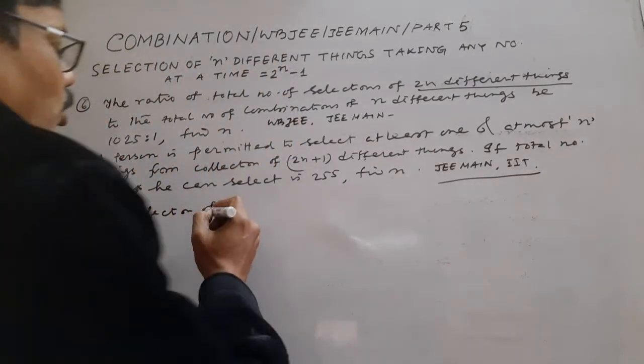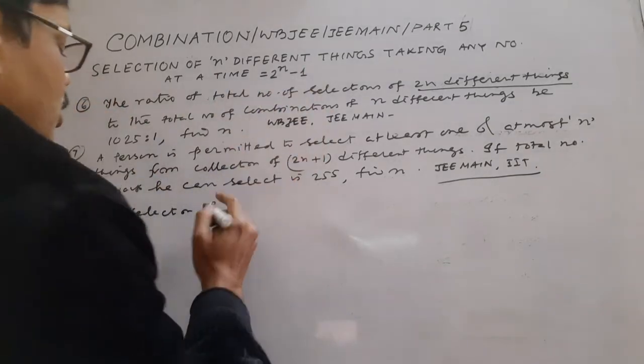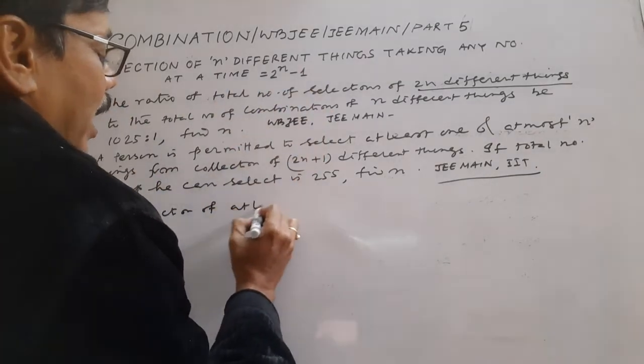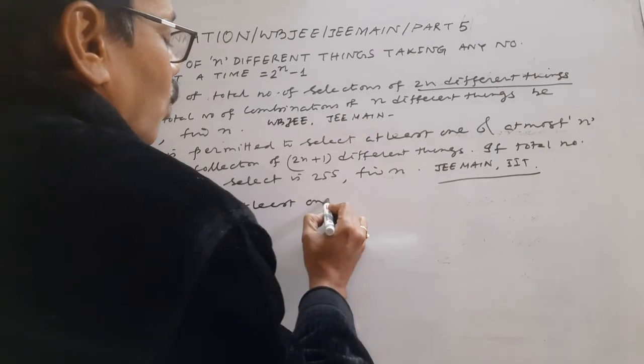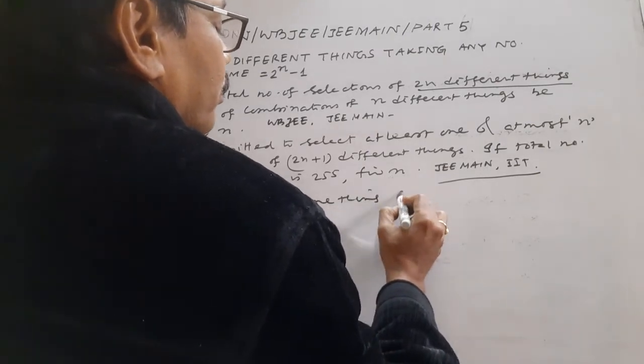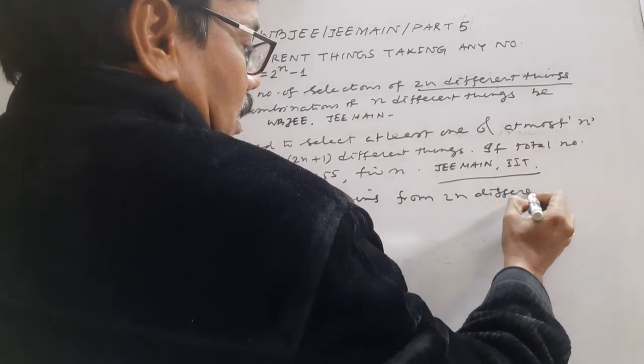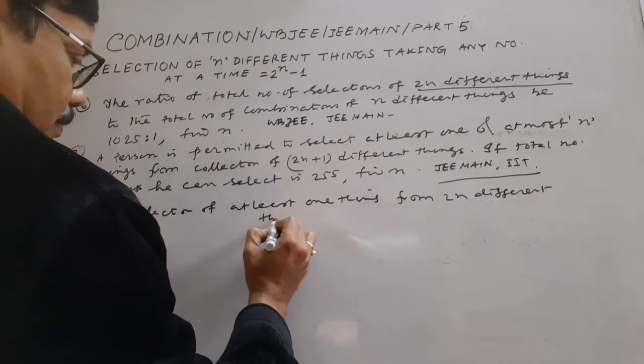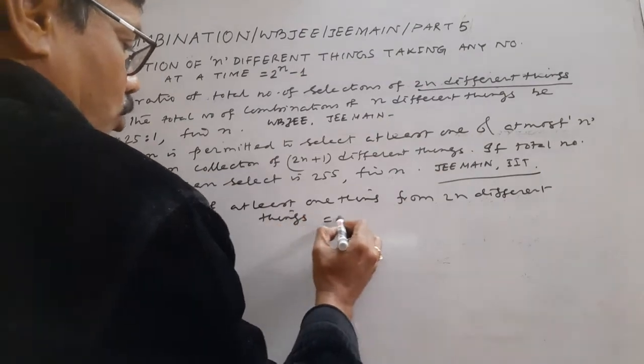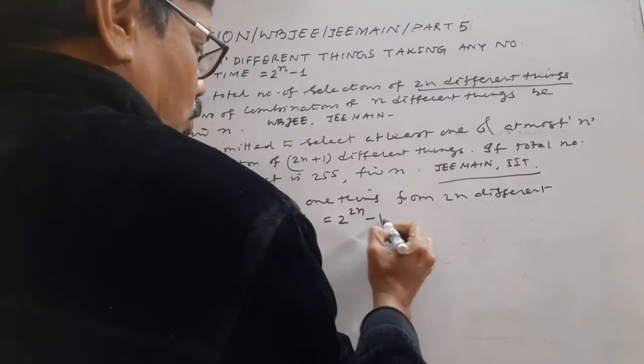So you have to select at least one. Selection of at least one thing from 2n different things equals 2 to the power 2n minus 1.